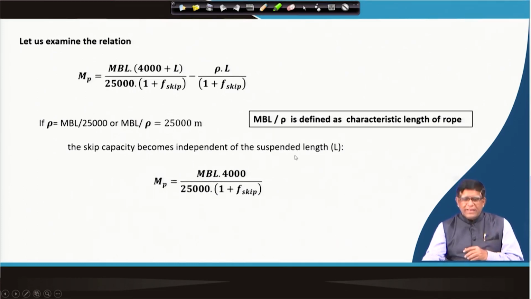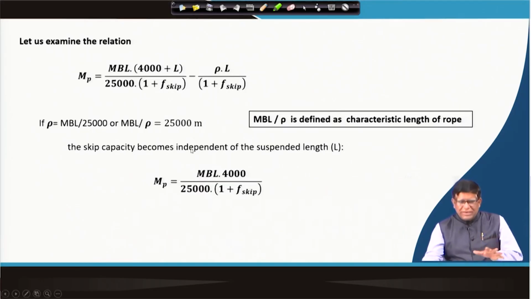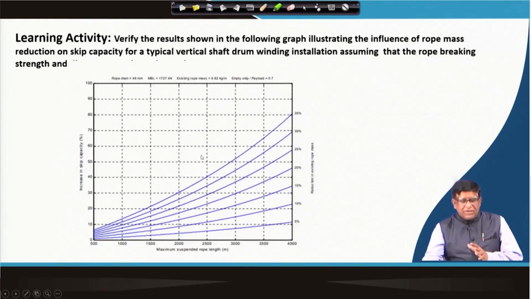This is your breaking strength divided by the mass per unit length of the rope, and that ratio gives a value. In this case, it is coming to 25,000 meter. At 25,000 meter it will become independent of length. So, mathematically you can see this type of thing over here.